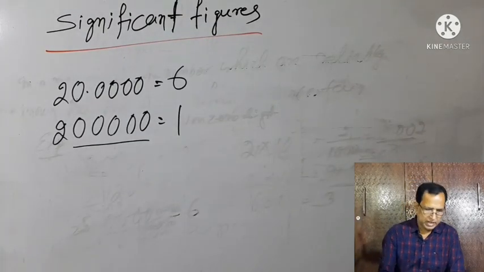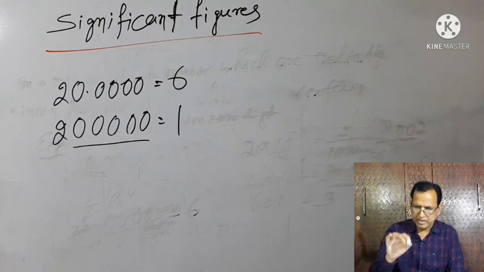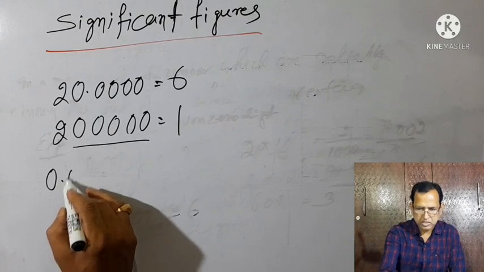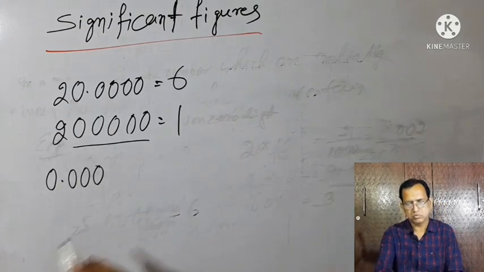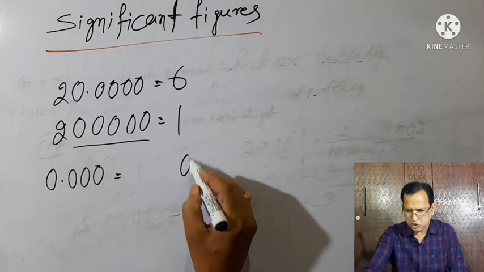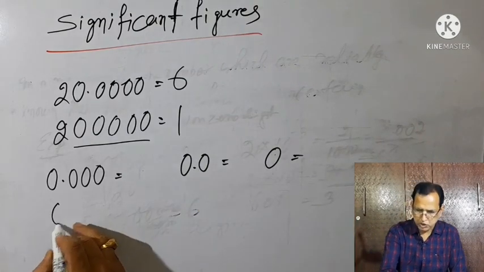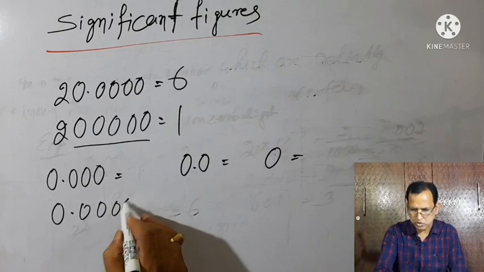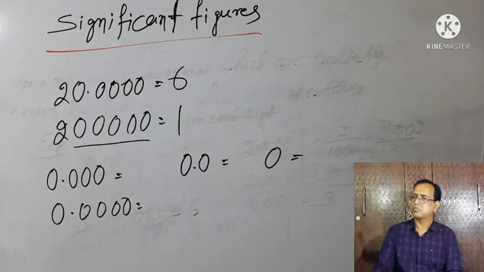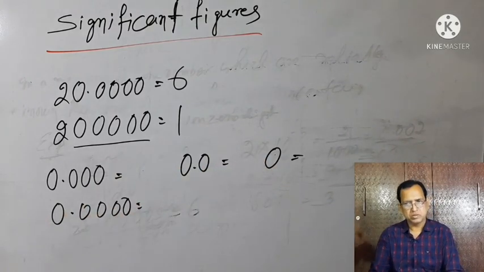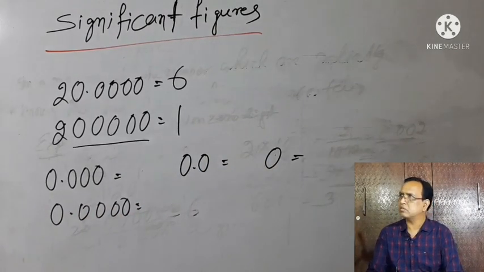Okay? In another cases, 0.000, 0.00, 0.0000. In these examples, you can find out the significant figure.